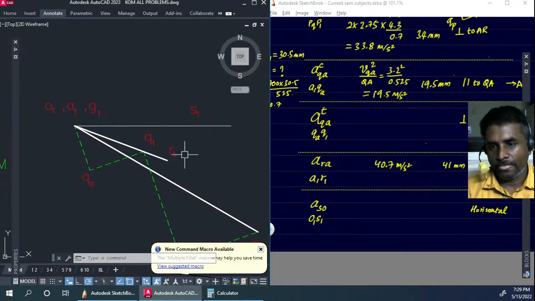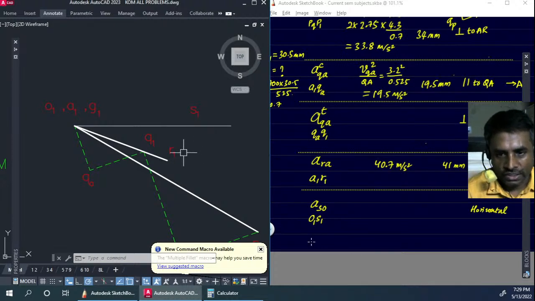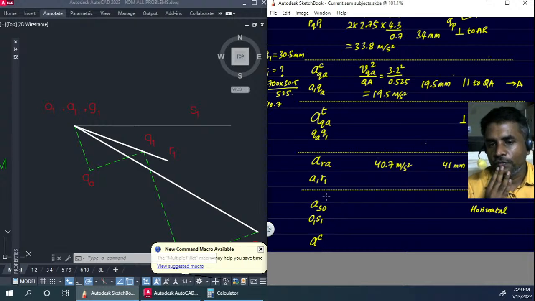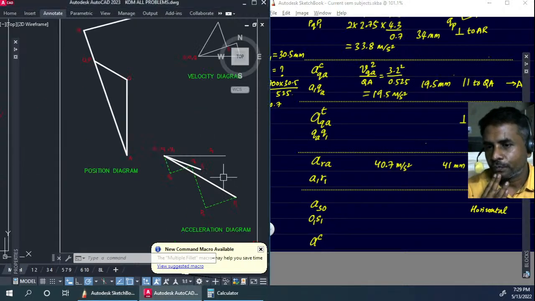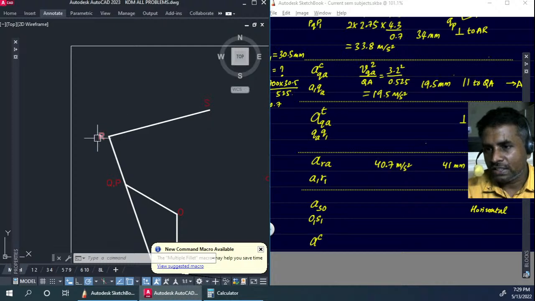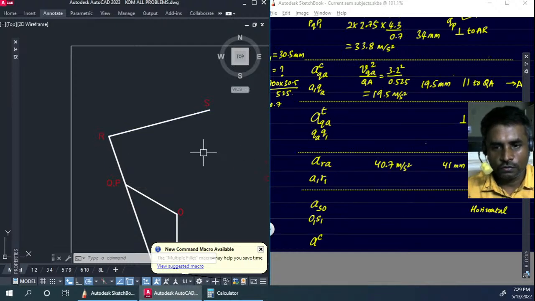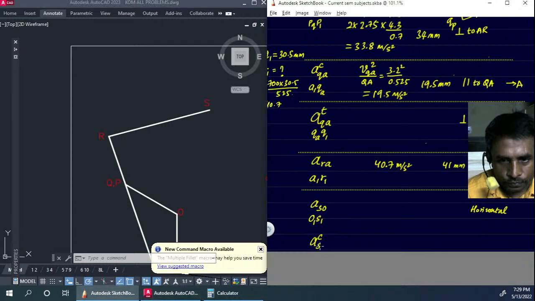So at this point, I guess we will be able to find the centripetal acceleration of S with respect to R, so it will be starting from R1. So this is what we need to find.